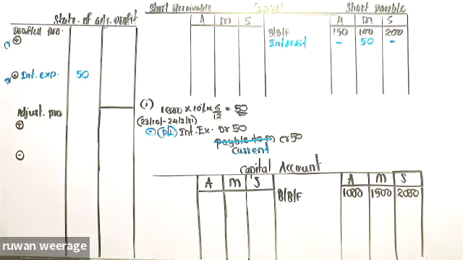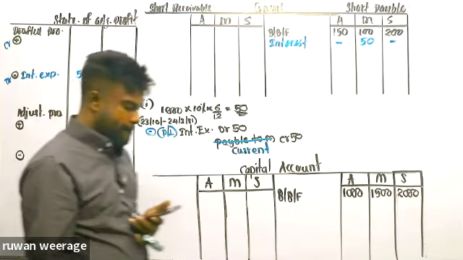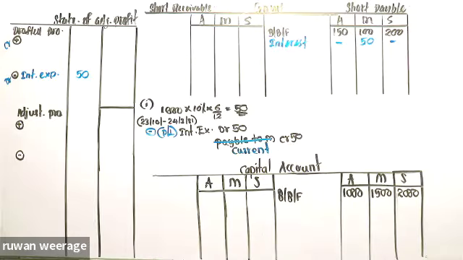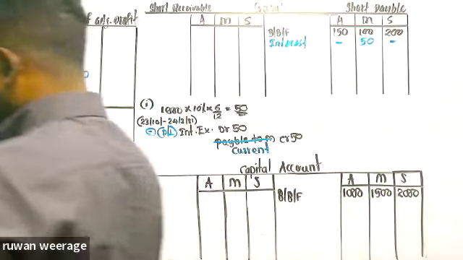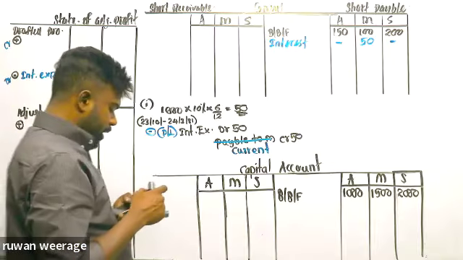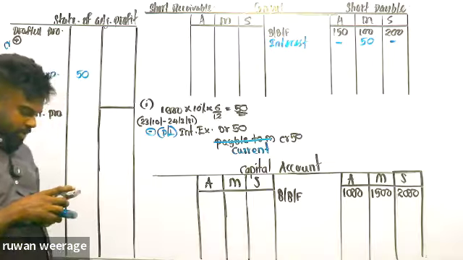Okay, they are correct. Right, finished. Second adjustment: all partners obtained 6 months salary in cash.